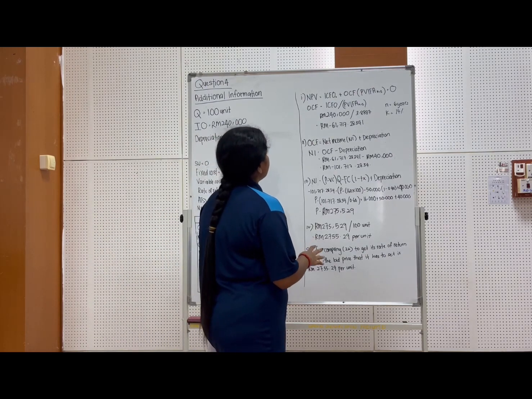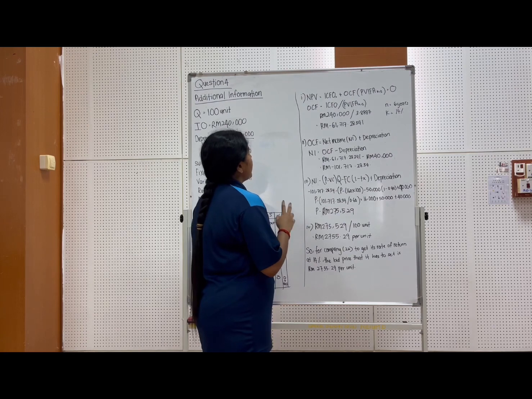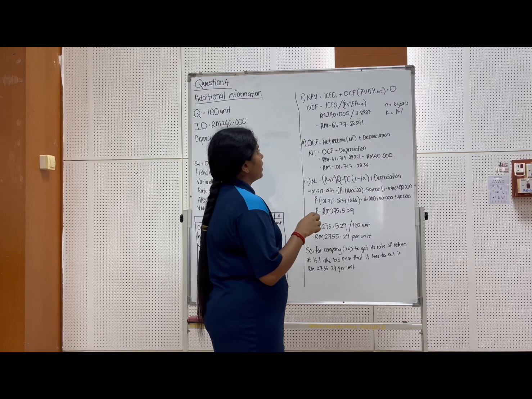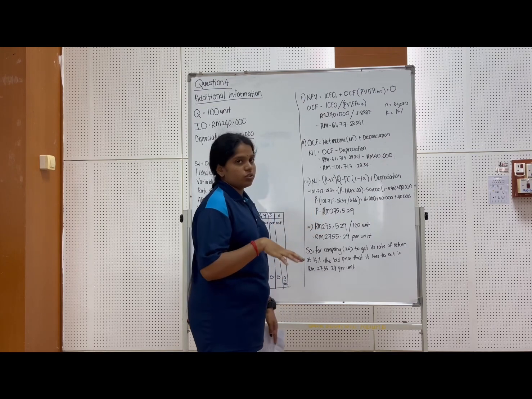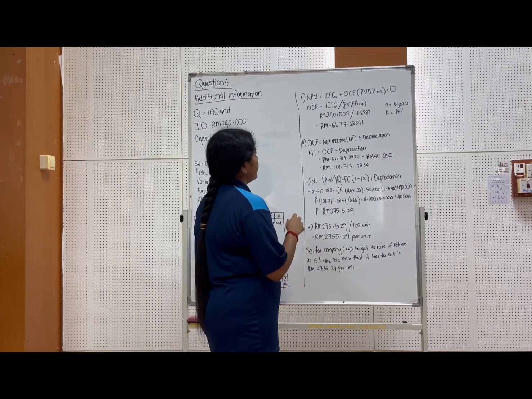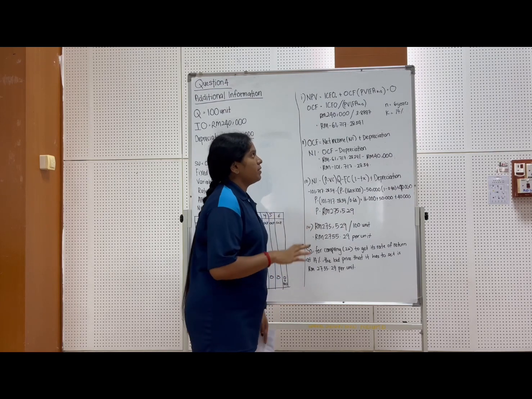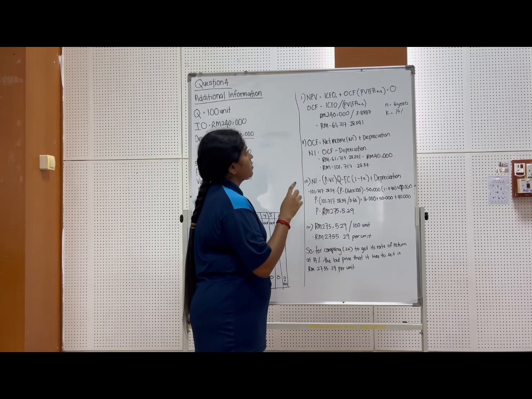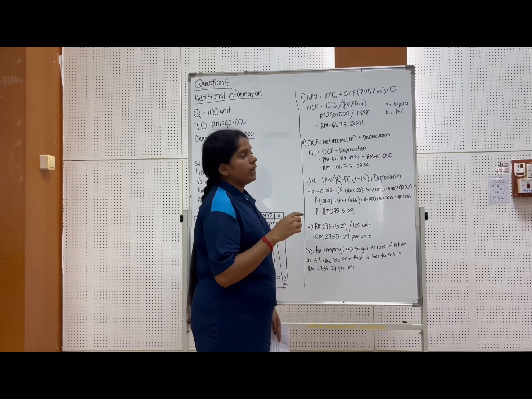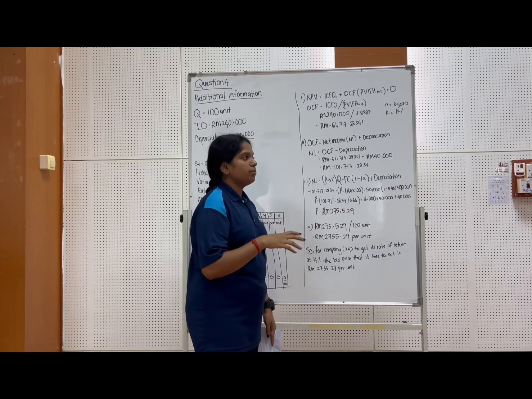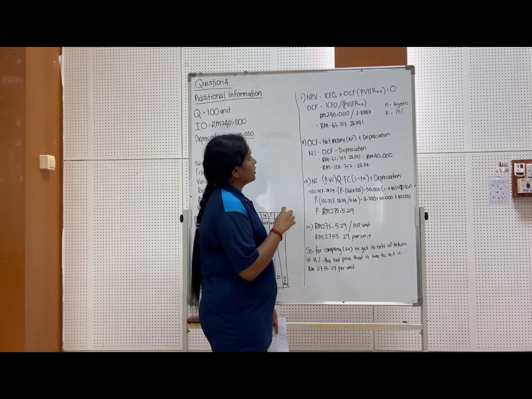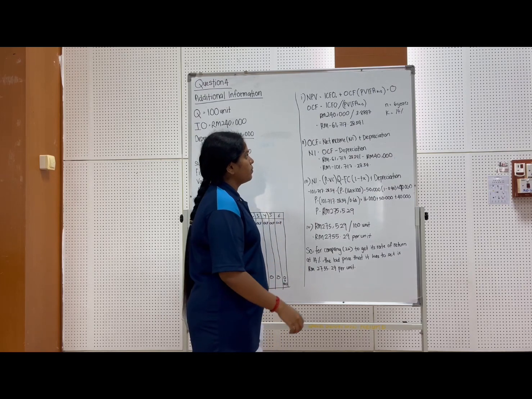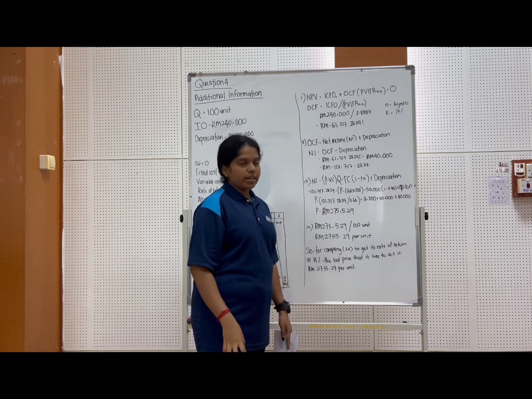Next we need to calculate NPV, which means NPV equals ICFO plus OCF times PVIFA equals 0. So we need to calculate OCF: ICFO divided by PVIFA. So there will be 240,000 divided by 3.8887. We need to see the PVIFA table. So the answer will be negative 61,717 ringgit 28 cents.